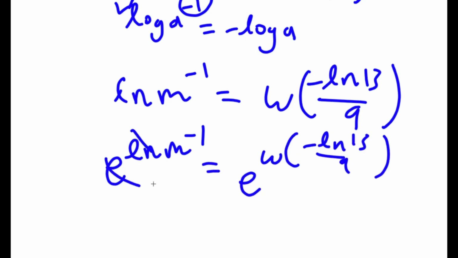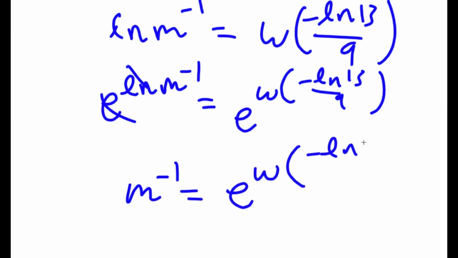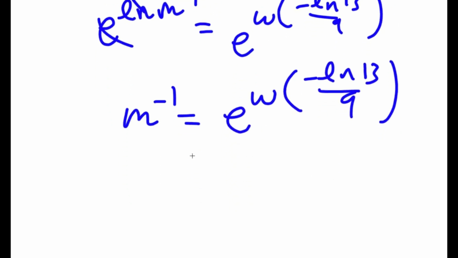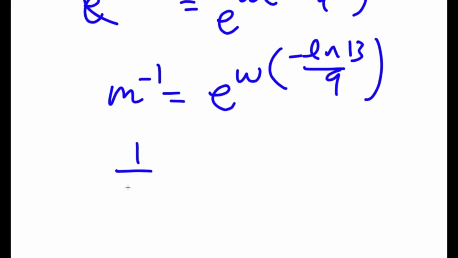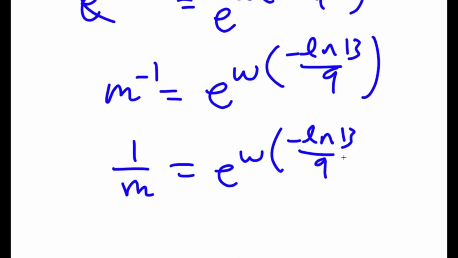So then this e and ln cancel out. So now I would be left with m to the power of negative 1 is equal to e to the power of W of negative ln 13 over 9. Now m to the power of negative 1 is the same thing as 1 over m. So I have 1 over m is equal to e to the power of W of negative ln 13 over 9.